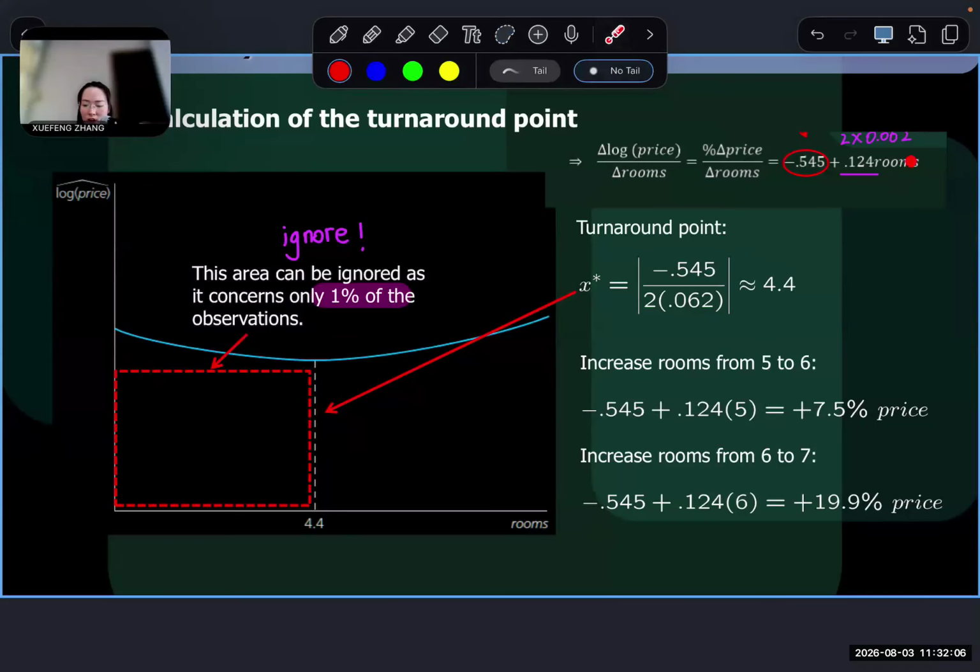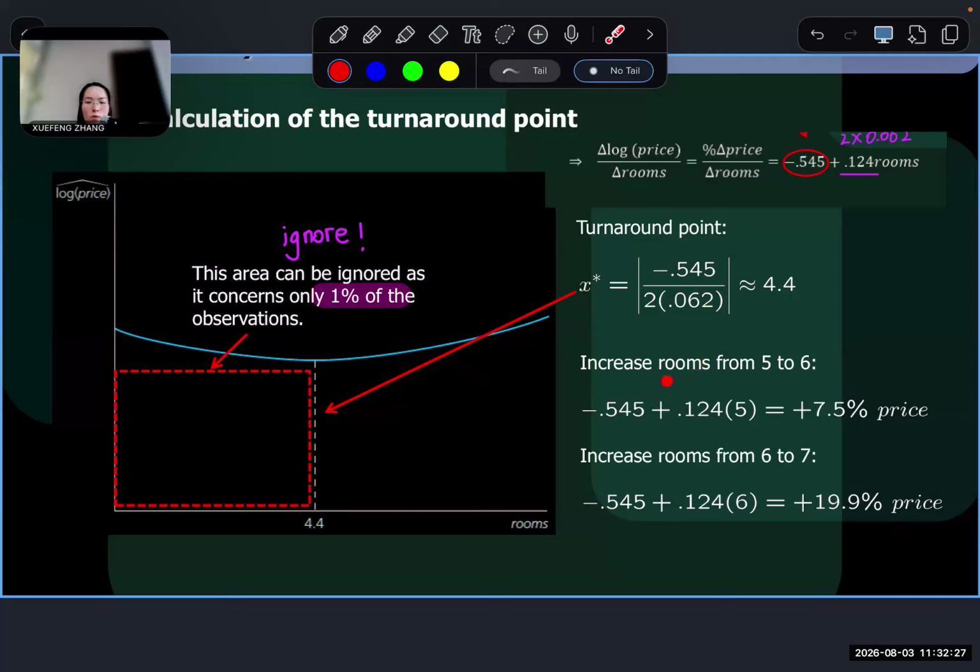So here, you plug 5, and you'll get this number. And then you plug 6 here, and you'll get almost 20% price increases, right? So you see the effect grows.